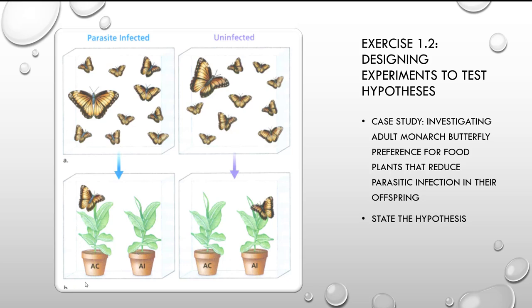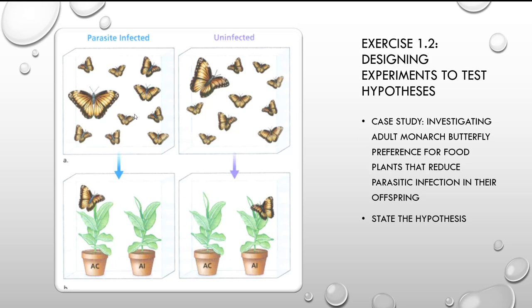AC indicates high levels of the anti-parasite chemicals, and A1 indicates low levels. So basically, you're trying to figure out which plants the butterflies prefer to lay their eggs on. You count the number of eggs that are laid, and then you repeat the experiment 2 days later.